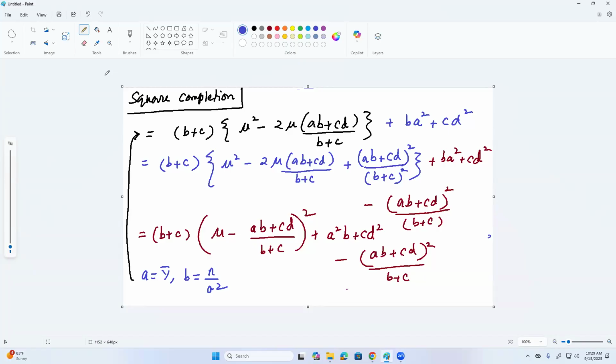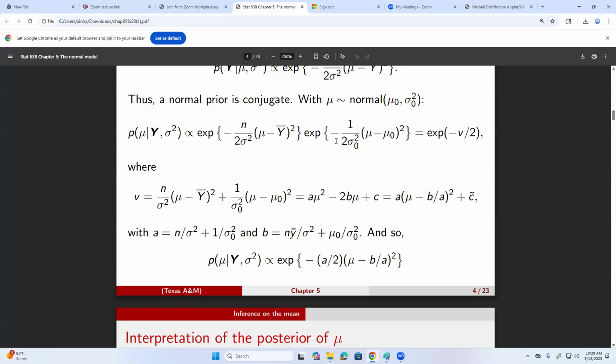And c, what was c? c was 1 over sigma 0 square, and d was mu 0. Mu 0 was the prior mean of your parameter mu. Look at this expression.